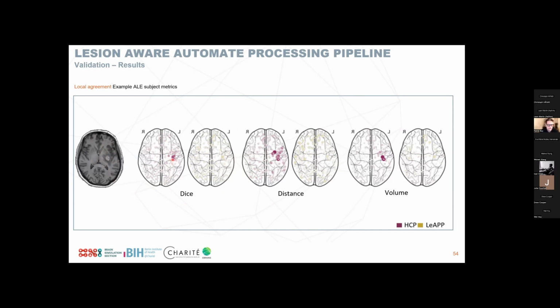So that means that around this lesion, we see that the dice scores are actually very low, meaning there's a lot of difference between the ground truth and the HCP, as opposed to LEAP, where this is not as dominant. And the same goes for distance, for the center of gravity, as well as the volume difference.